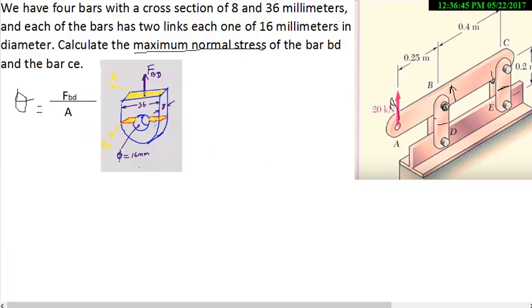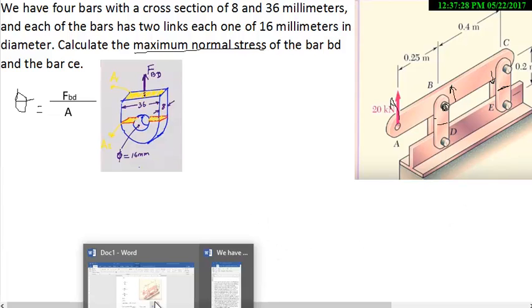That will be this one right here, the area number 2. And for the bar CE, since the section with most stress is in the center, we are going to take the area number 1 here, that is the section of this bar.